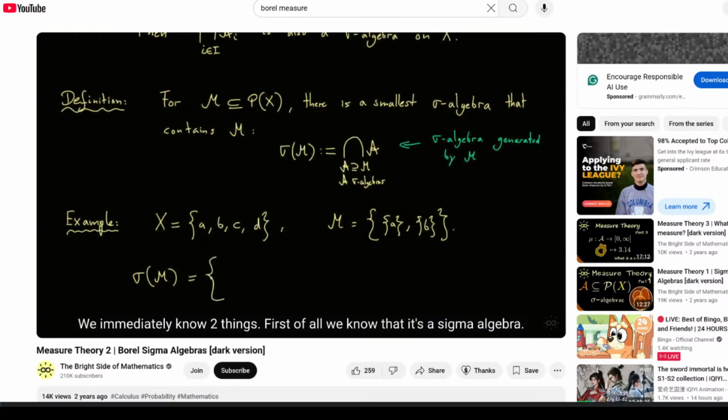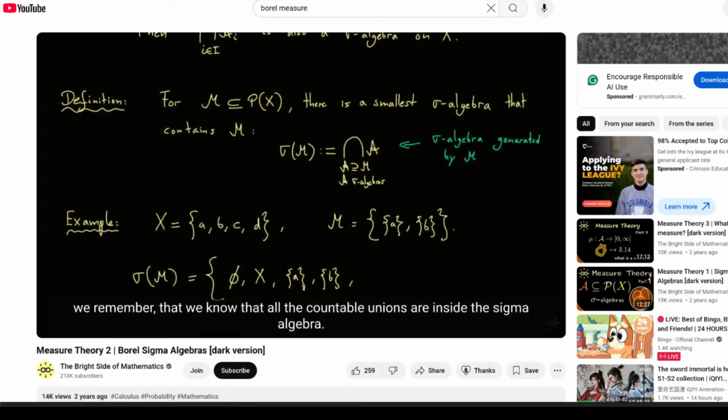First of all, we know it's a sigma algebra, so we know it contains the empty set and the whole set X. This is the first property of a sigma algebra. The next thing we know is that it's a sigma algebra that contains our set M. So therefore, also A as a set and B as a set has to be inside sigma M. Now, if you think about the other properties of the sigma algebra, we remember that all the unions, countable unions, are inside the sigma algebra.